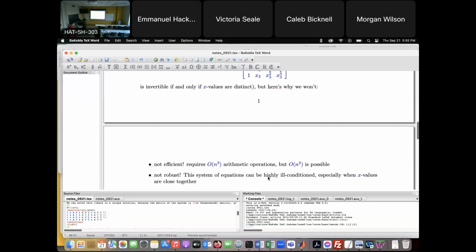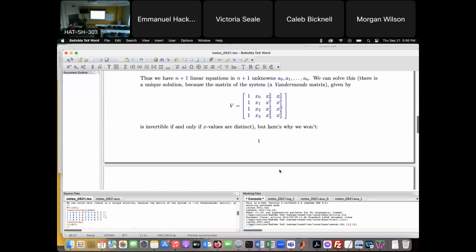So the coefficients that you obtain by solving this system might not be as accurate as they can be. So we're not going to consider this approach any further. Although I do give some homework problems about it, I'm not going to talk about it anymore.